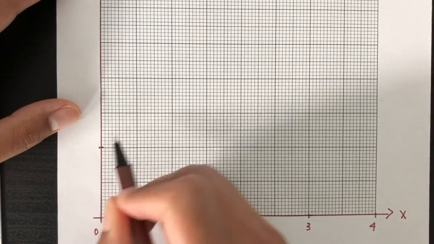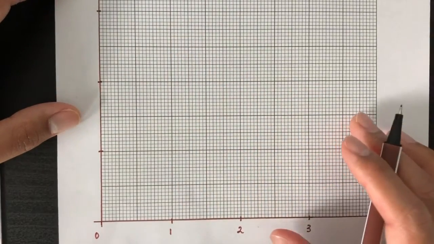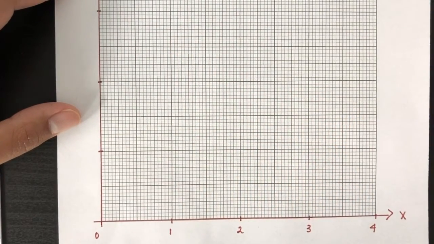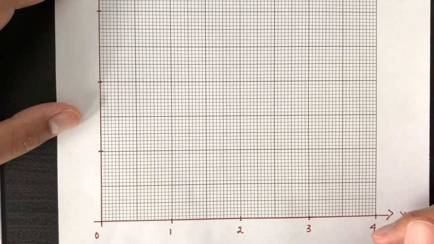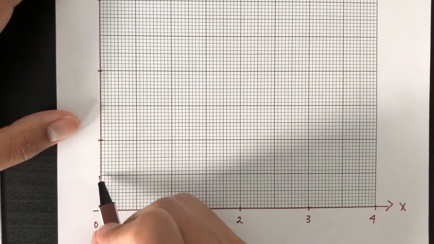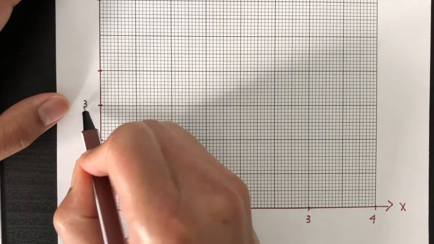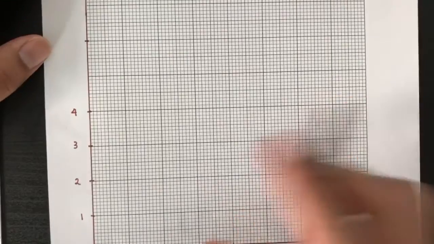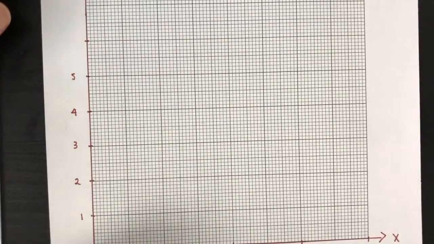If you were to choose 1 here, 2, 3, and 4, that would not be enough. Let's say that could be 1, 2, 3, 4, 5. That should be okay. Now let's plot the points.